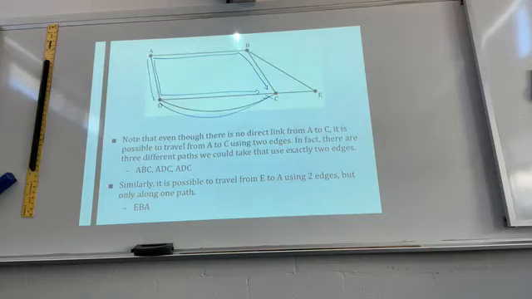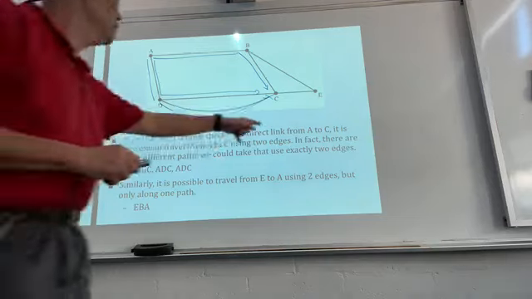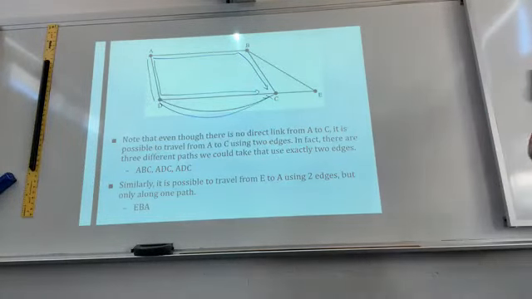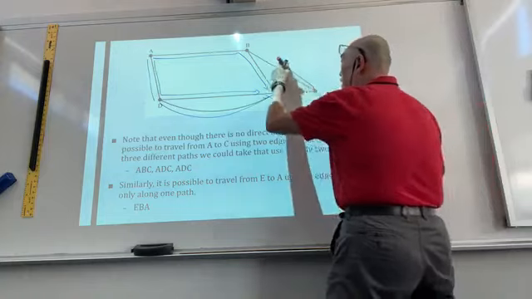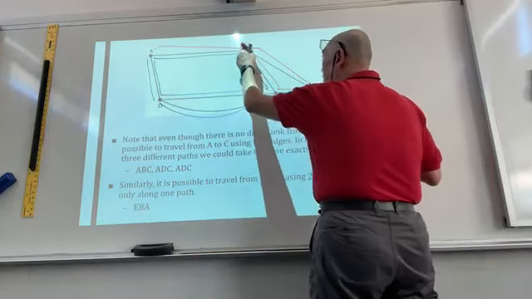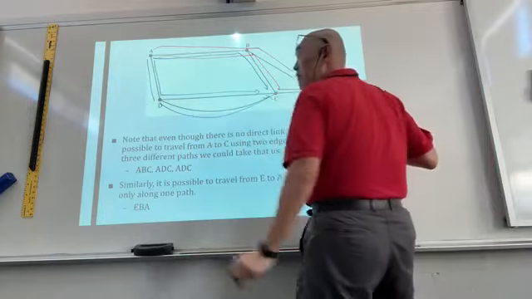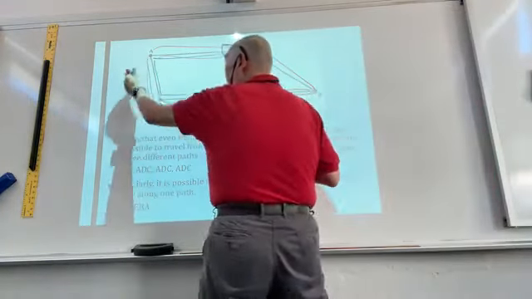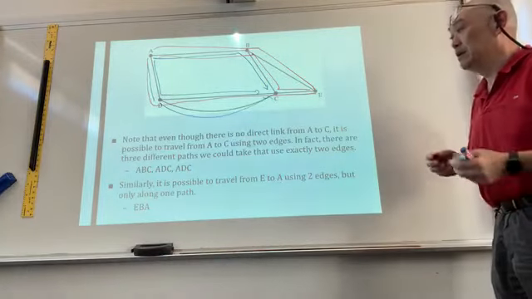So, is it possible to travel from E to A? Yes, we can. We can use this way, E, B, A. We could also use E, C, B, A. Agree?